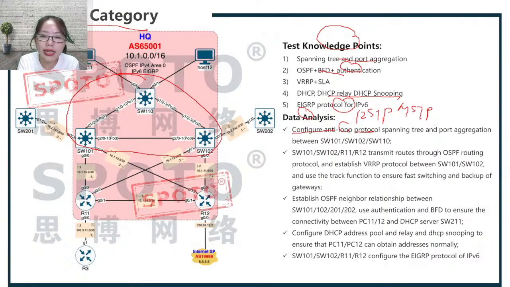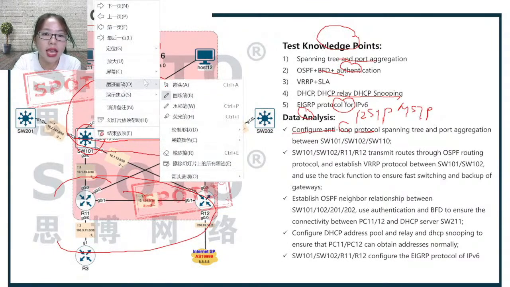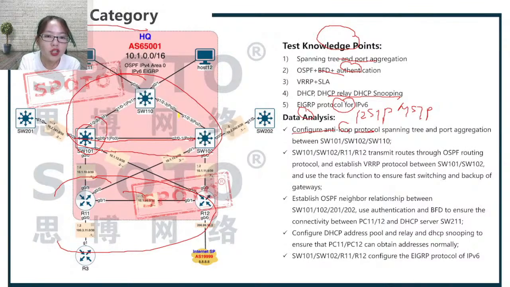Secondly, in these two switches, 101 and 102, and these two routers, you must transmit routes through the OSPF routing protocol, and you should establish this part with the VRP protocol between these devices, and use the track function to ensure fast routing and backup gateway.